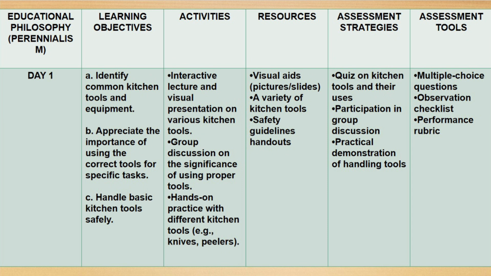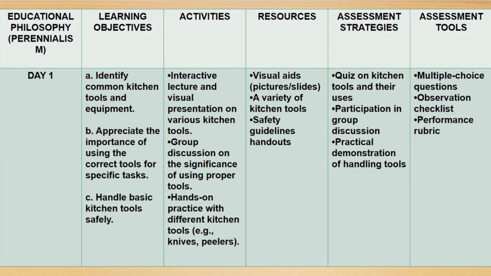So these tools assess student knowledge of the kitchen tools by requiring them to identify and name the different tools and their uses. So the first assessment tool is hit by our first objective, which is identify the common kitchen tools and equipment. For the second one, observation checklist.